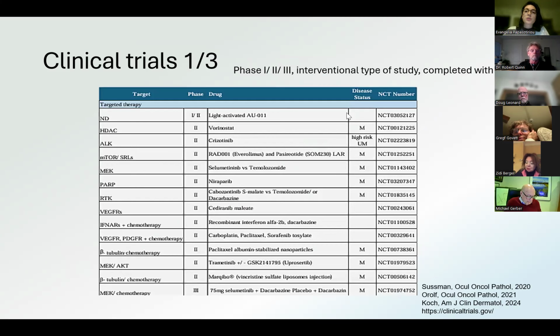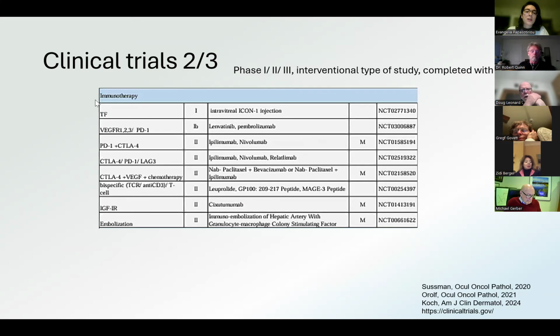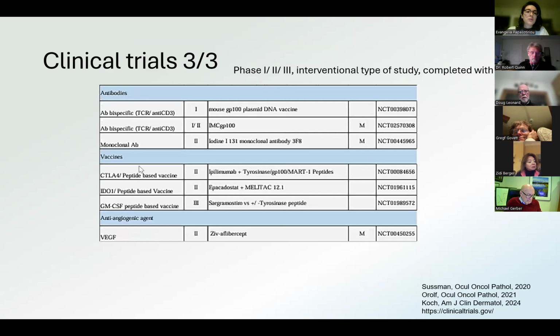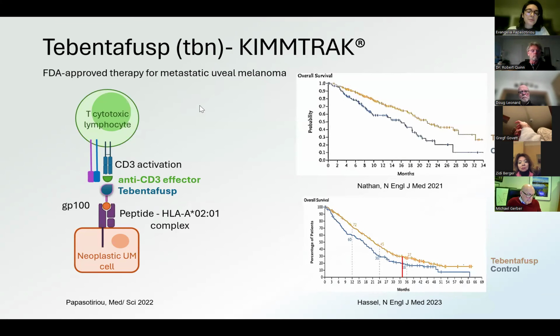I just wanted to show you that, according to the criteria of phase 1 to 3, interventional study type, completed with results, there is a huge effort for this rare disease for targeted therapies, either as monotherapies or as a combination, for immunotherapies, for antibodies, vaccines, anti-angiogenic agents. They're really making an effort to have something beneficial.